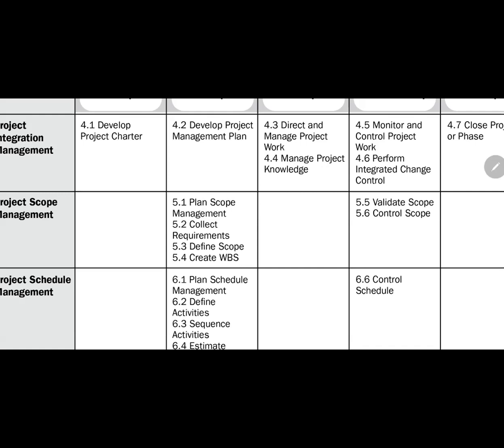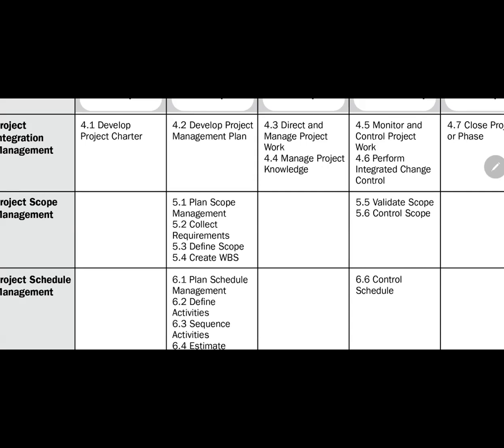Defining the scope is giving a description of what exactly should be in the project and what should not be included in the project. So you look at the requirements that are to be considered and the requirements that are not very important, less important. So you take off and prioritize those that are important.